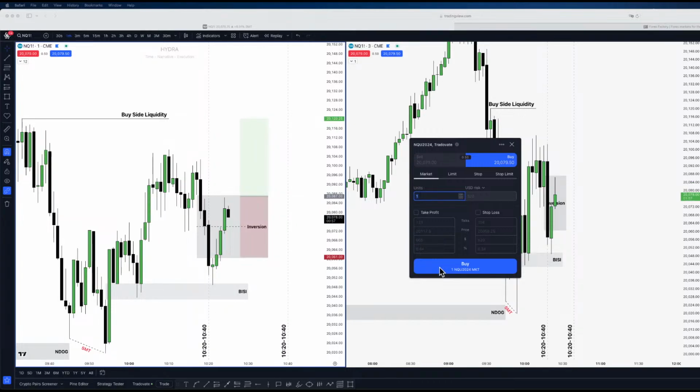No closure yet. I would also like to see one or two down close candles forming inside this inversion that will give me a stop loss. They are generating liquidity on both sides of the range. No, they are generating only buy side. This is clear. I think we have SMTs as well. Let me see.